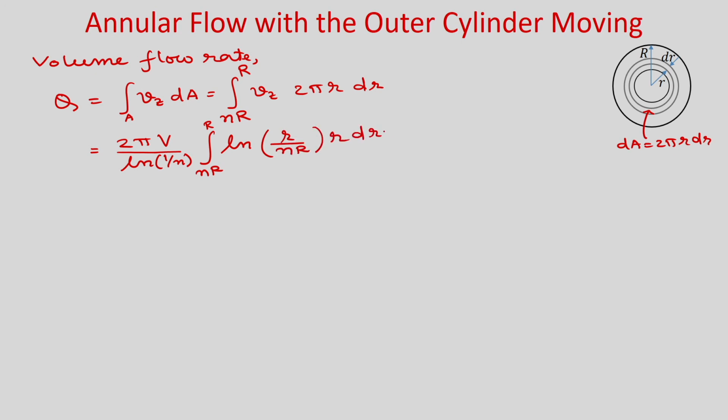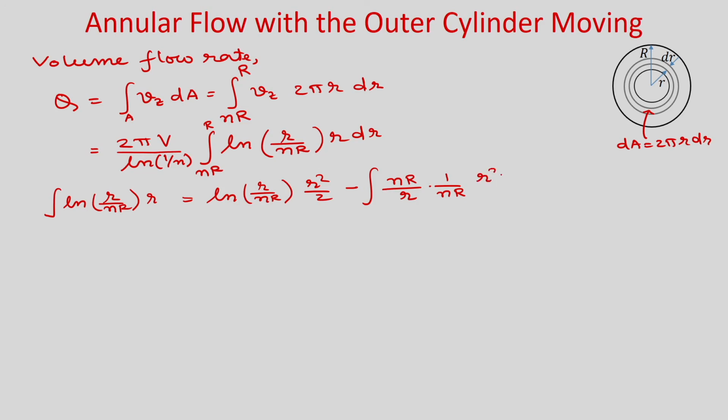Again, if you use integration by parts, then you can find ln r by nR times r as: ln r by nR times r square by 2 minus the integral, where you get the derivative with respect to r of ln r by nR, which will be nR by r times 1 by nR, times r square by 2 dr. So it will be r square by 2 ln r by nR minus the integral of r by 2 dr, and that will be r square by 4.